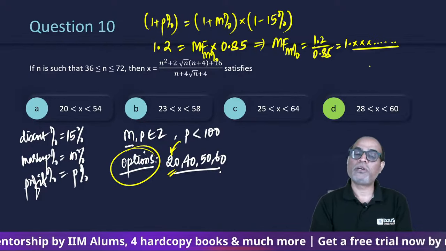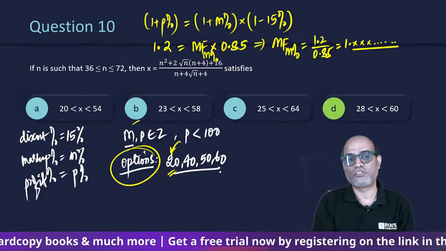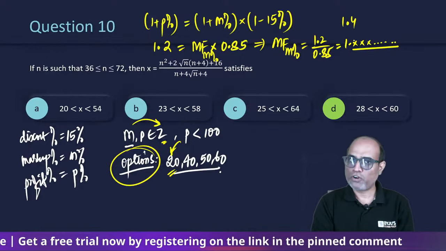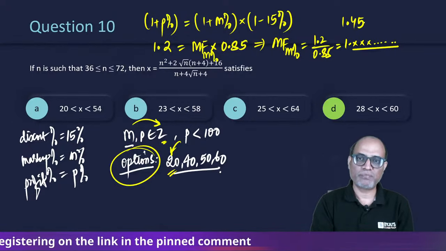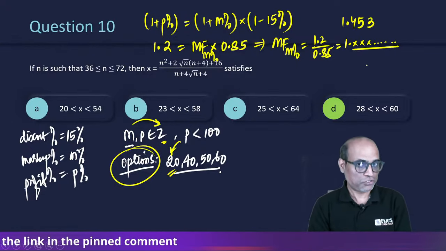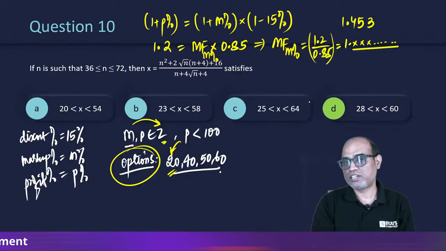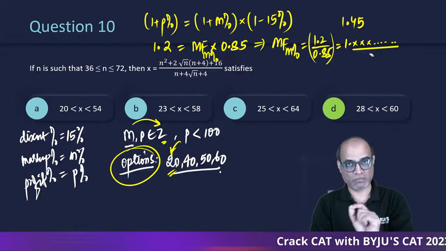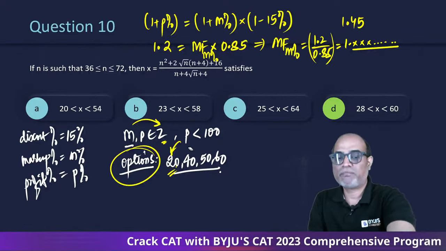This is going to be a non-terminating value which will result in a non-integral value of markup. If it is 1.4, it is 40% markup. If it is 1.45, it is 45% markup. If it is 1.453, it's a 45.3% markup. Means the calculation you get using the options and the 15% discount should not contain more than 2 decimal places. This is what they are asking you. So 20 doesn't make sense.